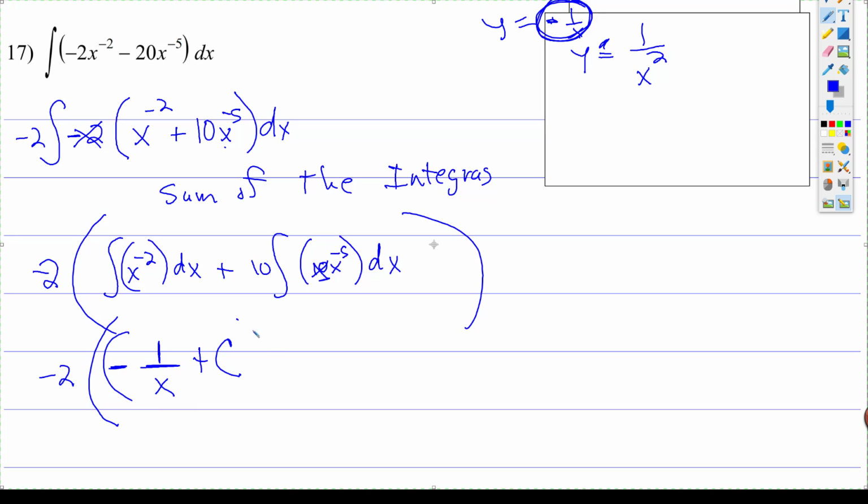So I'm going to put this in parentheses, plus we have a 10 on the outside of parentheses. This is x to the negative fifth. So remember you add 1: negative 5 plus 1 is negative 4. And then that's going to be x to the negative fourth, so we'll put x to the fourth down here.